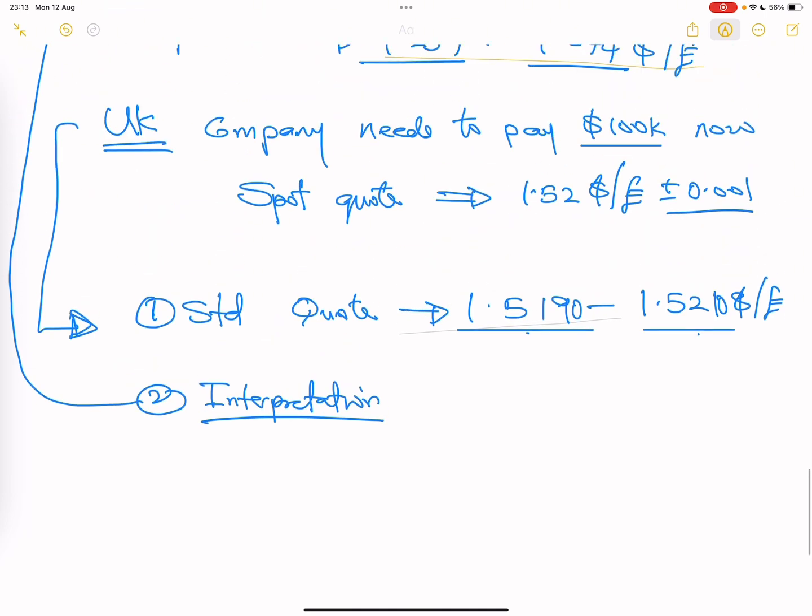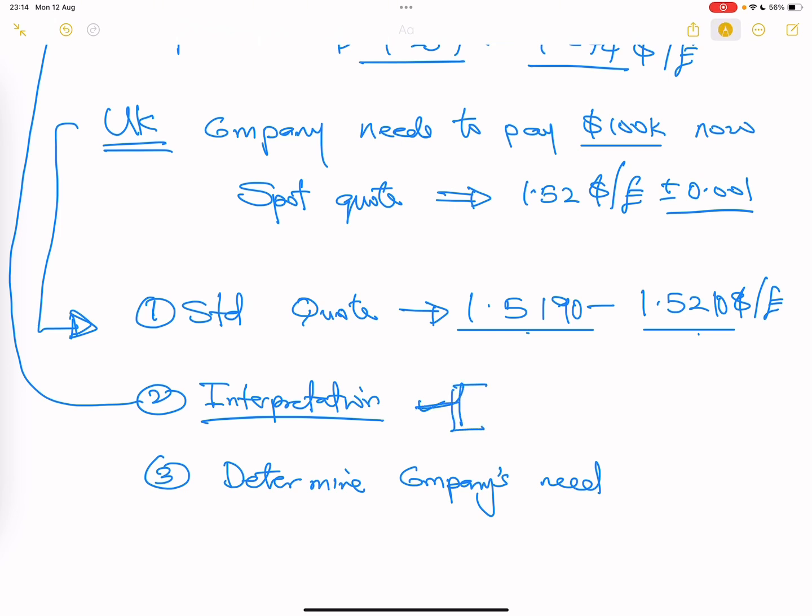So we know the interpretation. The third one is that we need to determine the company's need. We're fine with the interpretation, yeah? If I need to write it for you, it's exactly what we said.